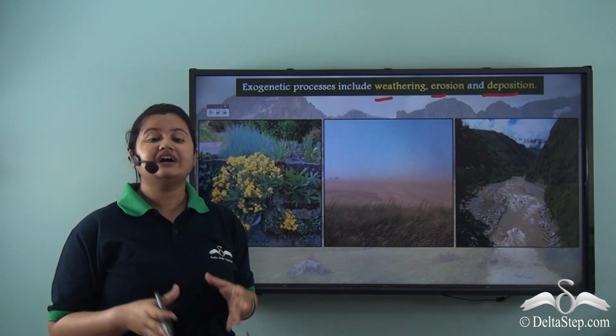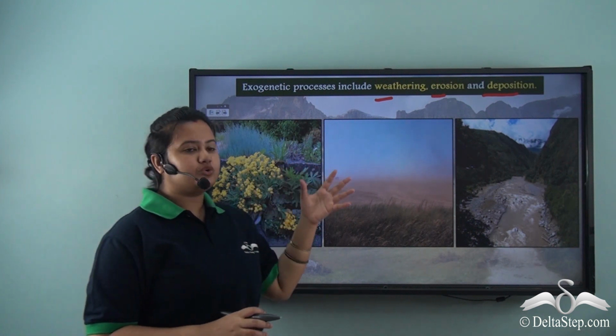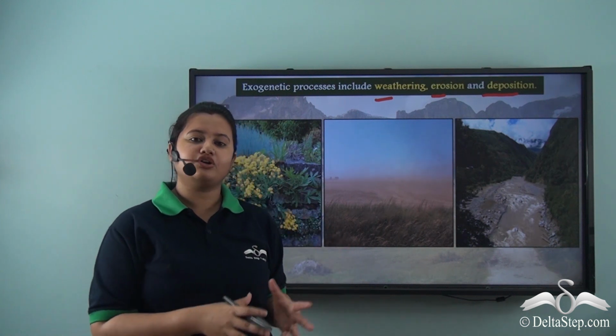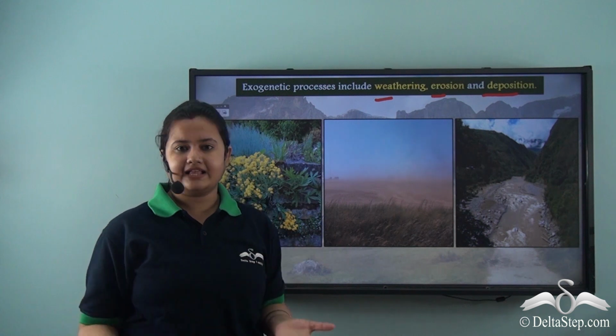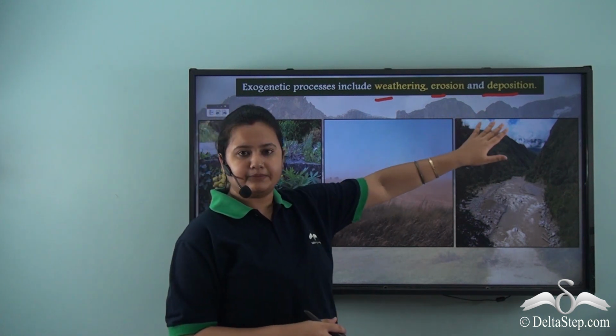Weathering refers to the disintegration of rocks in their own place, while erosion refers to the breaking down of rocks and transportation of eroded materials elsewhere. Apart from this, there is another process, that is deposition.